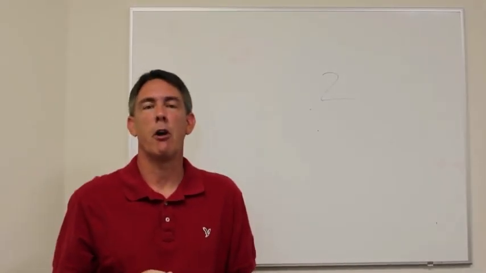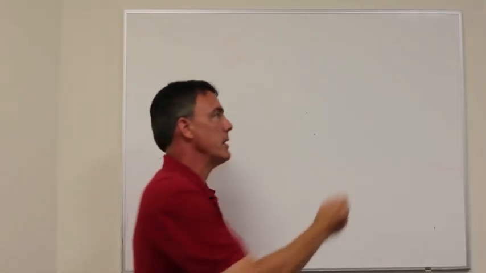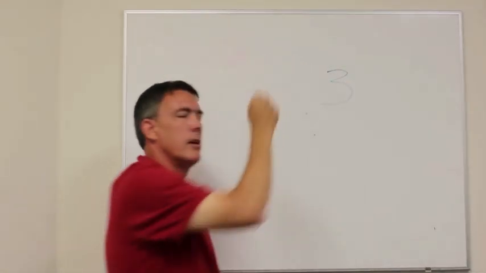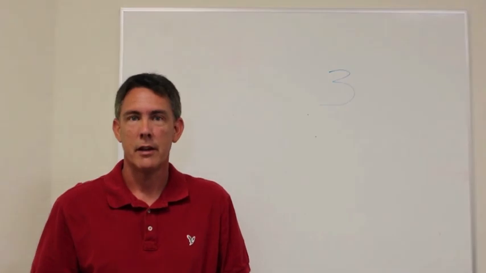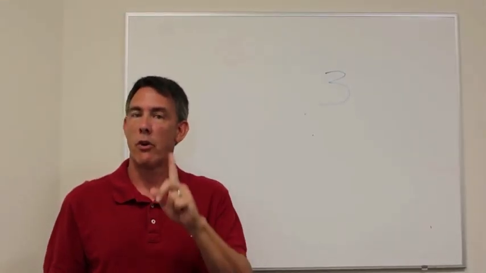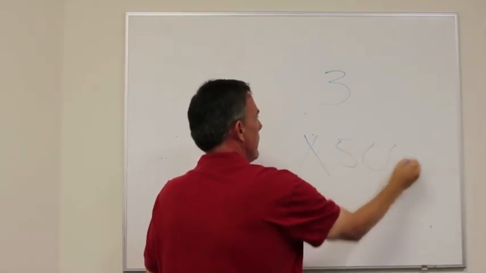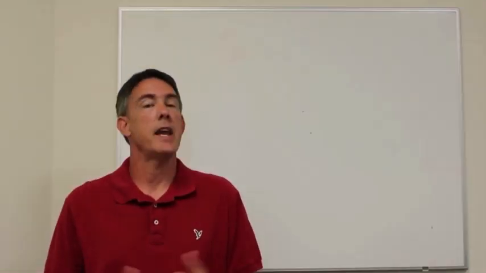Type in the search bar your address, city, and zip code. Step 3. Zoom in to find out what your flood zone is. For example, X 500. If you can't find your property or flood zone this way, try the following method.